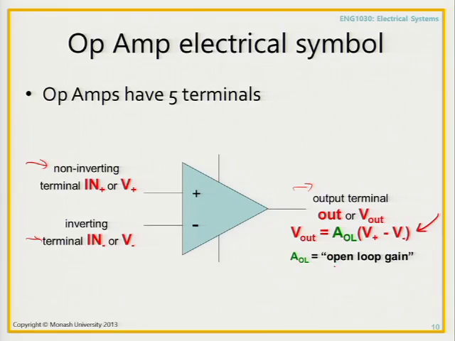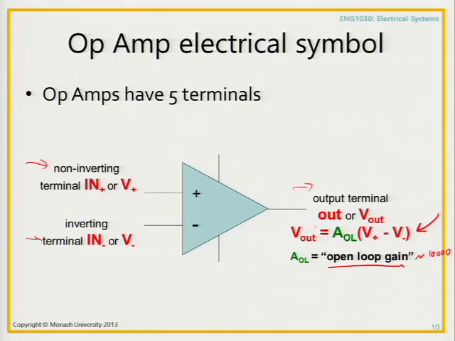AOL here is called the open loop gain. I will be referring to that from time to time. So if you see this symbol, it's the open loop gain. And usually this is a fairly large number, on the order of 10,000 or so. It varies between op amps.